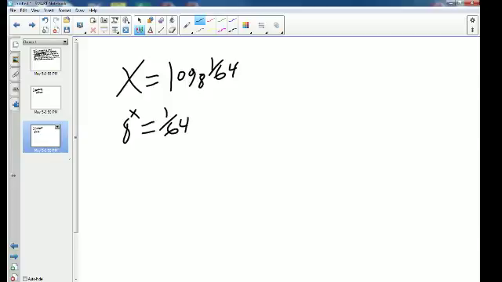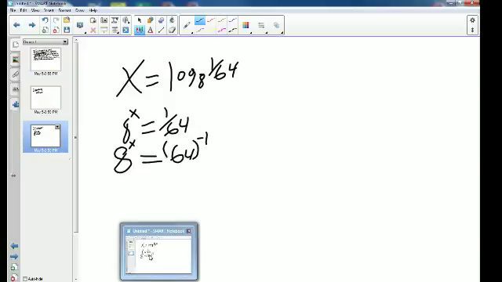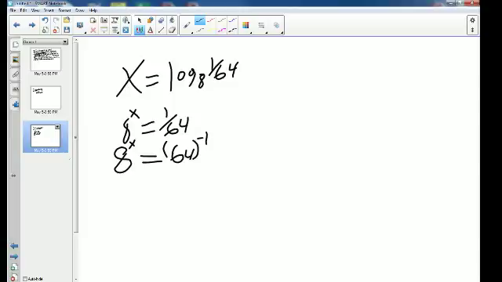Now this is the same as saying 8 to the x power equals 64 to the negative first power. Then it's simple: 8 to the x equals 8 squared to the negative first power, outside of the little parentheses I have set up.